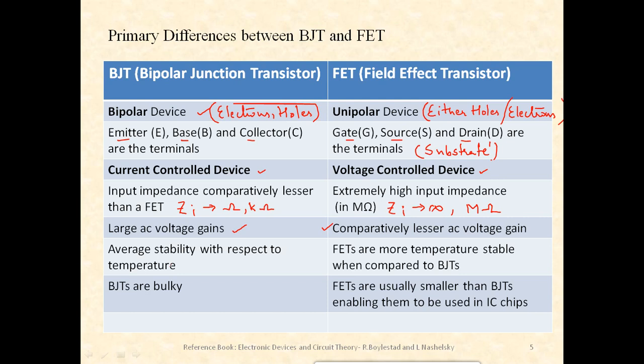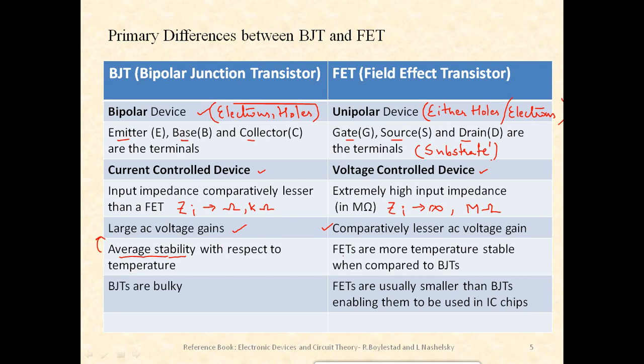Then what about stability? Stability is also a very important point. It is an extremely important parameter that determines the performance of the electronic device. BJT has average stability. It is not so stable. Why? Because of large voltage gains. Higher the gain, lesser the stability, and larger the stability, lower will be the gain.